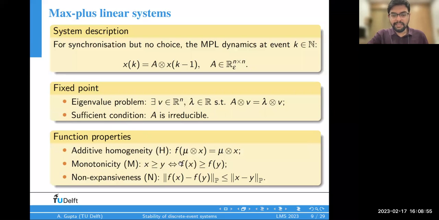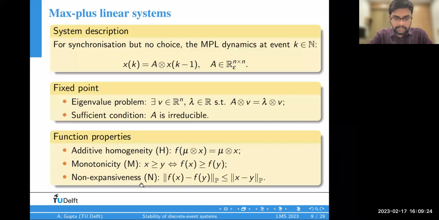This is mainly a sort of linearity: you can have a scalar mu, shift x, and you get the dynamics back. Then we have monotonicity and non-expansiveness, and these two properties become equivalent under additive homogeneity. So if you have monotonicity with additive homogeneity, you have non-expansiveness, and the other way around as well.